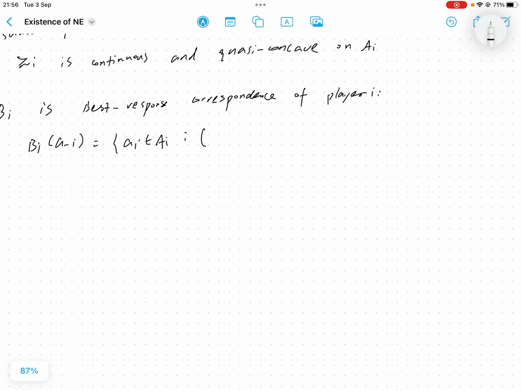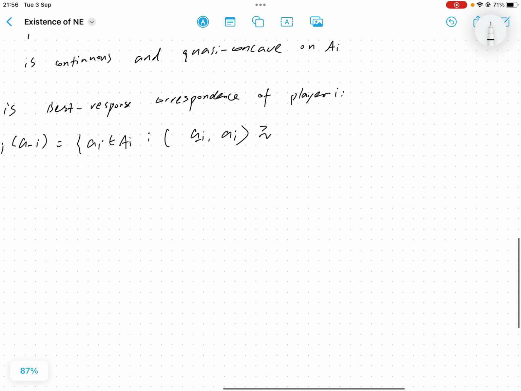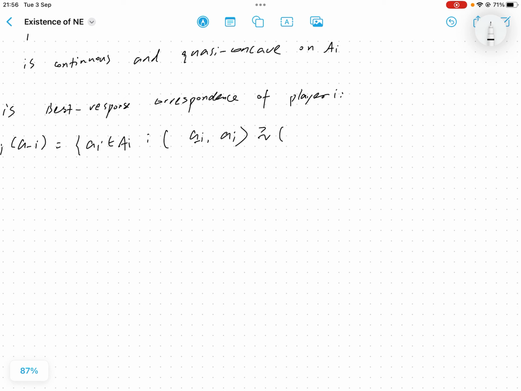The meaning of best response is that given the other players' actions, if player i is playing this a_i, then this gives weakly higher utility for player i, and this has to be true for all a_i' from the action space. Rigorously, it means that (a_{-i}, a_i) is weakly preferred to (a_{-i}, a_i').